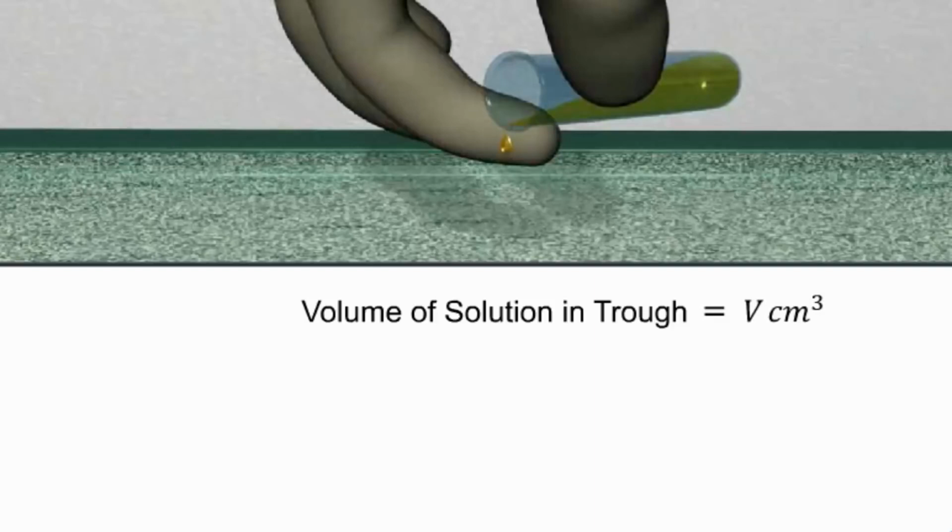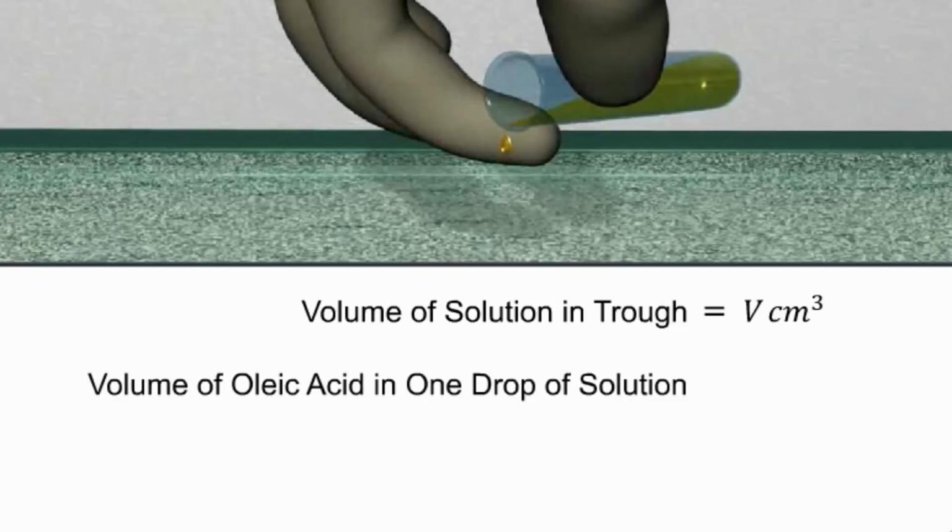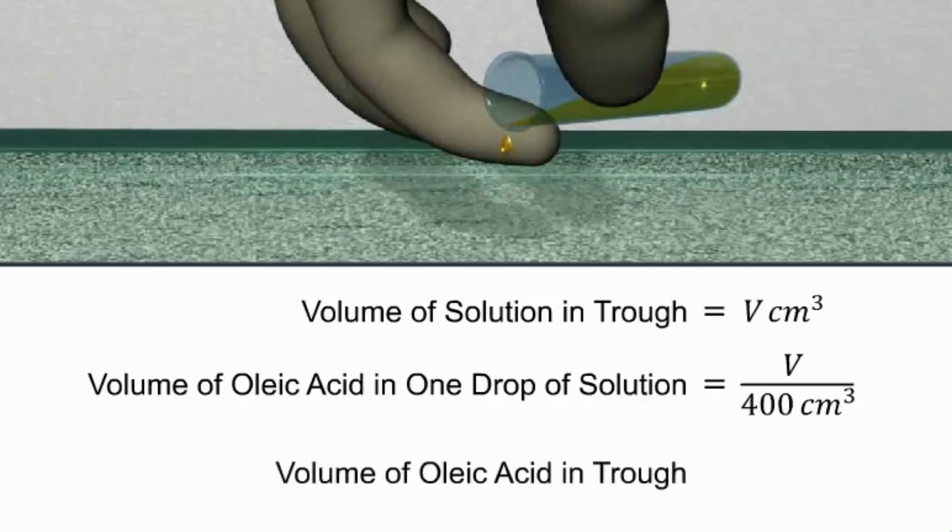As the concentration of oleic acid is 1/400 in the solution, the volume of oleic acid in each drop of the solution is V/400 cm³. Since only 1 drop of solution is put in the water, the volume of oleic acid in the thin film is equal to V/400 cm³.